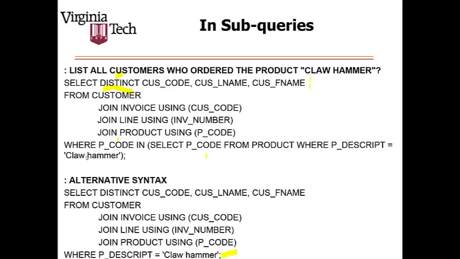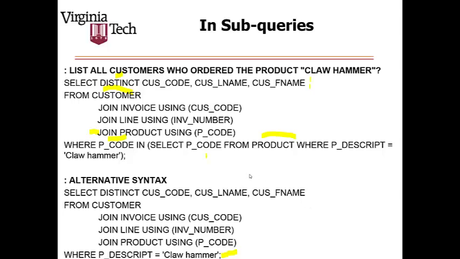Now, here in the subquery, this is going to process every row in product to find the list of claw hammers. And then we're going to have to process every row in product again to know if its P code is in that list.